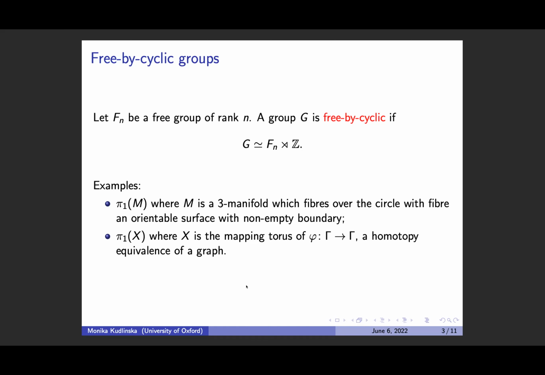Then I have this mapping torus construction, which is essentially just taking the graph, crossing it with the unit interval, and then identifying the bottom and the top layer via this homotopy equivalence. This is called a mapping torus. The fundamental group of such a space is free-by-cyclic, and such a space is also aspherical. This is essentially how we can construct geometrically these free-by-cyclic groups.